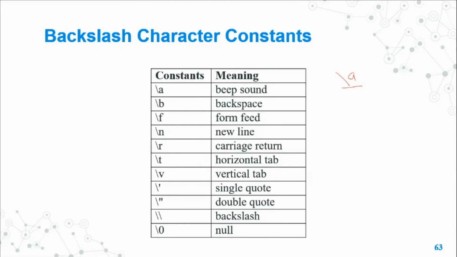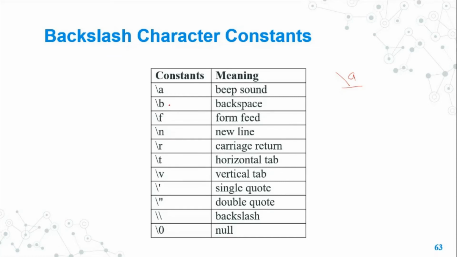When you do the programming, you just try it out. Even if I put a slash a in my programming, the beep sound may not be heard by you. So slash a is alert. A stands for alert. So slash a creates a beep sound.